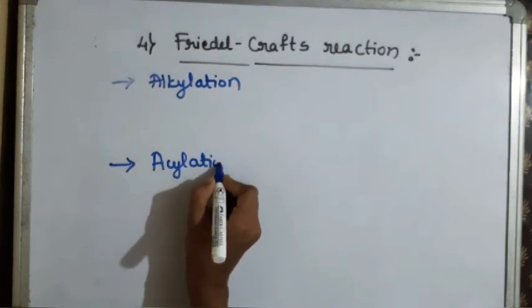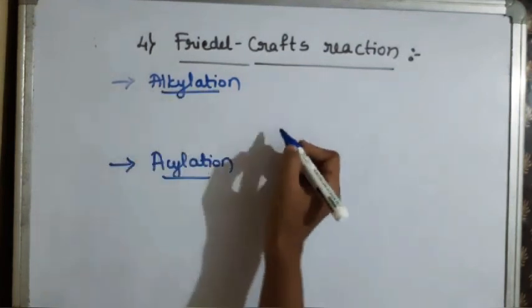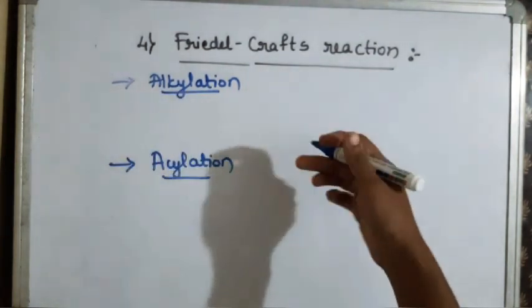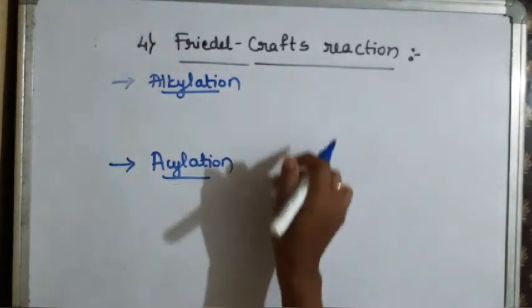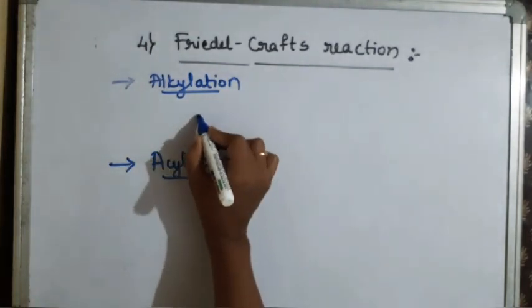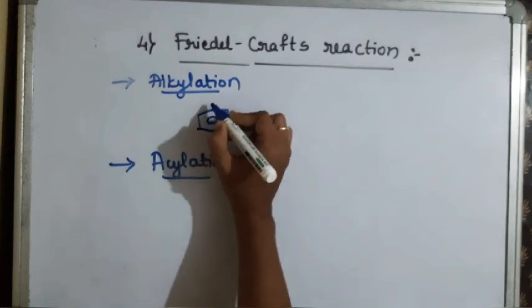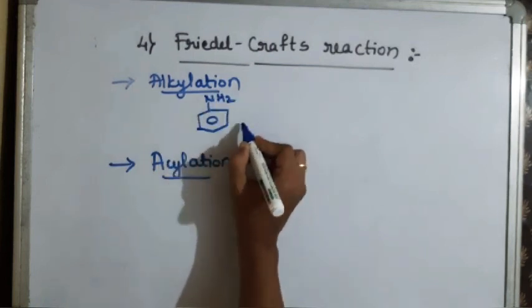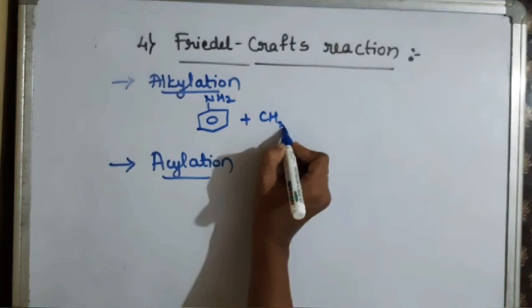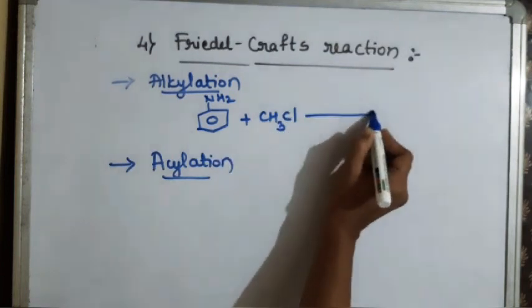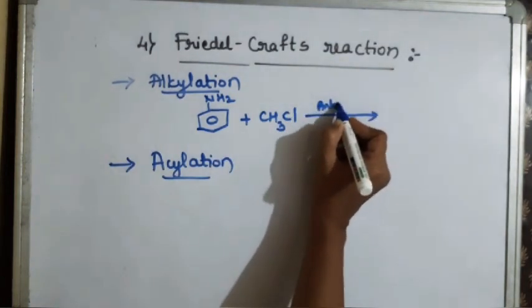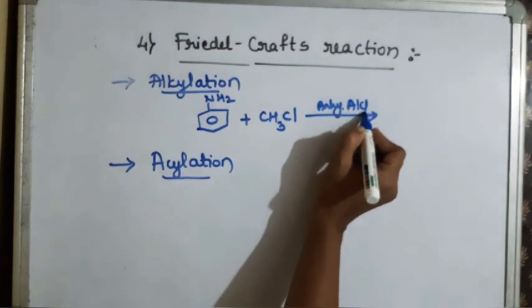During this reaction, you may take any aromatic hydrocarbon. Here we are dealing with aniline, so I will take aniline. Aniline is treated with alkyl chloride. I will take methyl chloride in presence of anhydrous AlCl3.